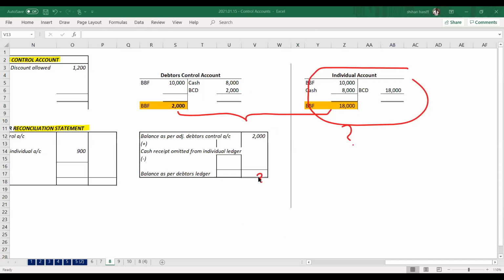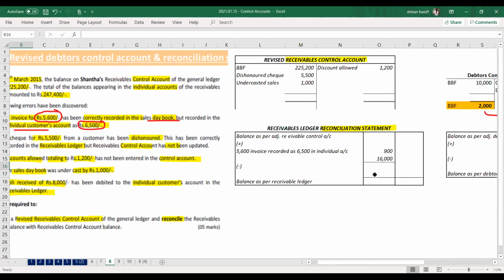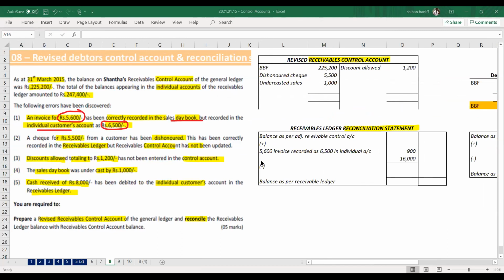Right. So this is 16,000 more. So we have to add 16,000. Then only we get 18,000 as the answer. So we add 16,000. 16,000 will be added.